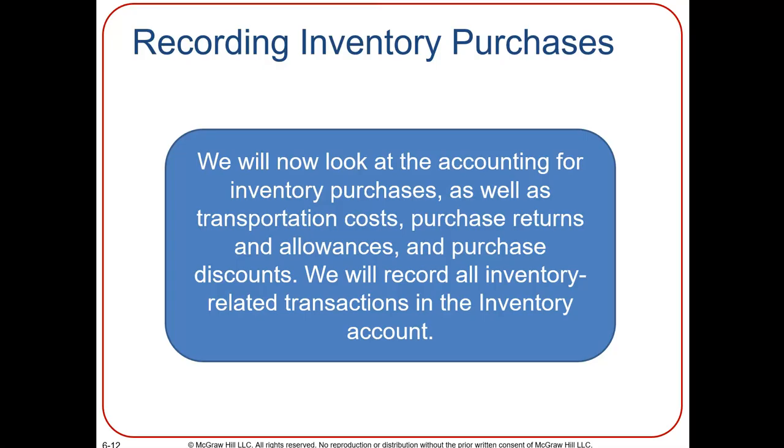But we call Tommy Hilfiger and we go, y'all sent us the wrong thing. We're going to want, like, $1 or $2 off per shirt if we're going to keep these, because it's going to take us a little bit of extra work to get these things sold. That's an allowance. Okay.